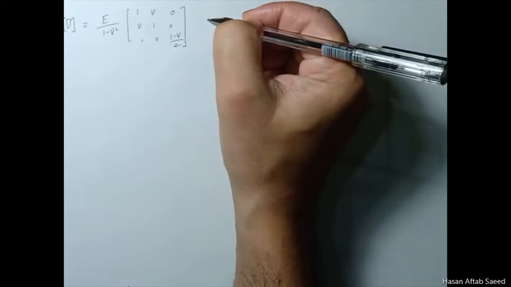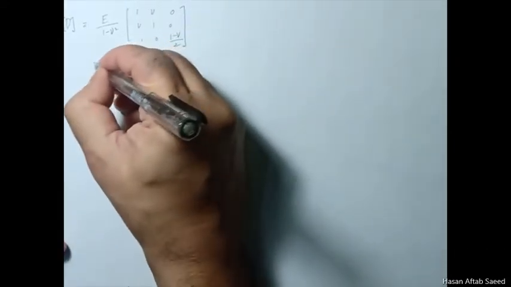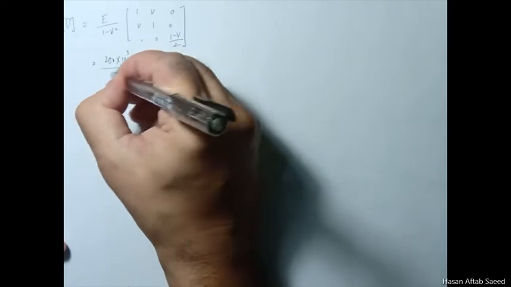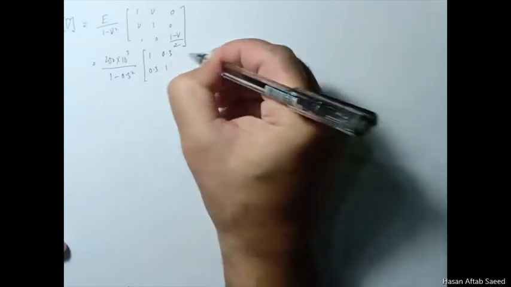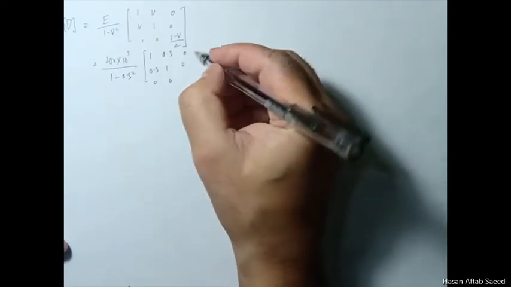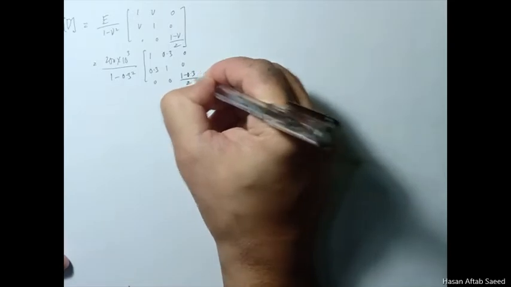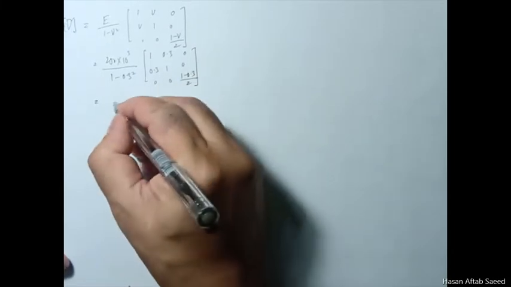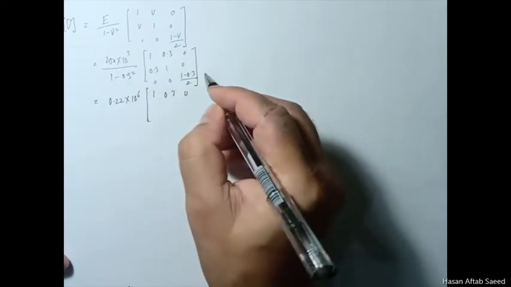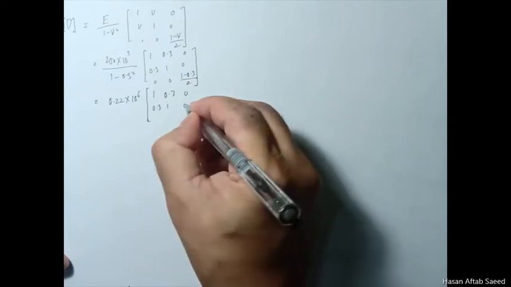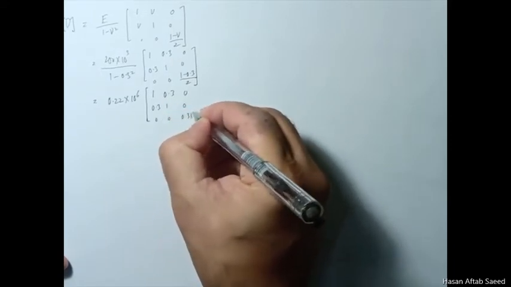And if we put in the values, we get 210 times 10^3 over 1 minus 0.3 squared, times the matrix with 1, 0.3, and here we get 1 minus 0.3 over 2. And if calculated, you need to verify these values for yourself. This is the D matrix for plane stress case.